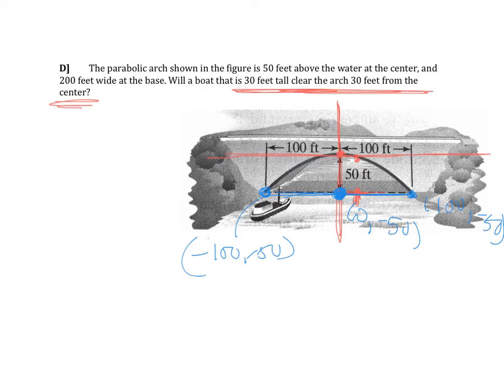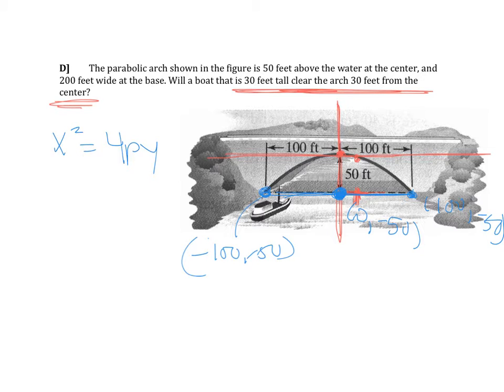So I will choose the one with the +100, right? And we know that this is an x squared equals 4py situation because it's an up and down parabola, and it's upside down, so we can conclude that our 4p value overall is going to be negative.